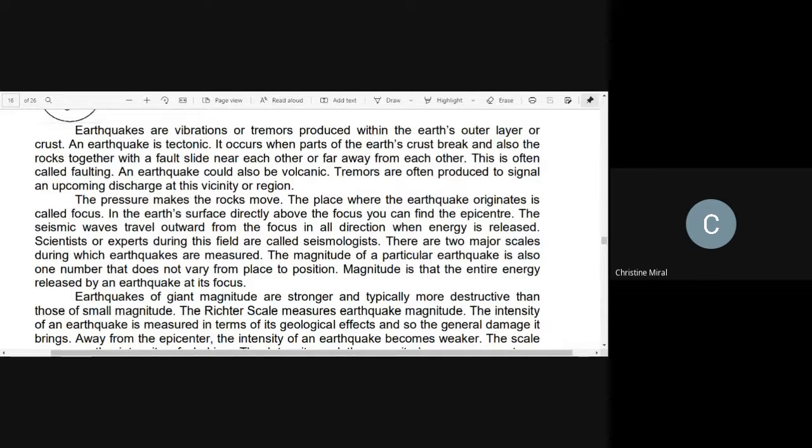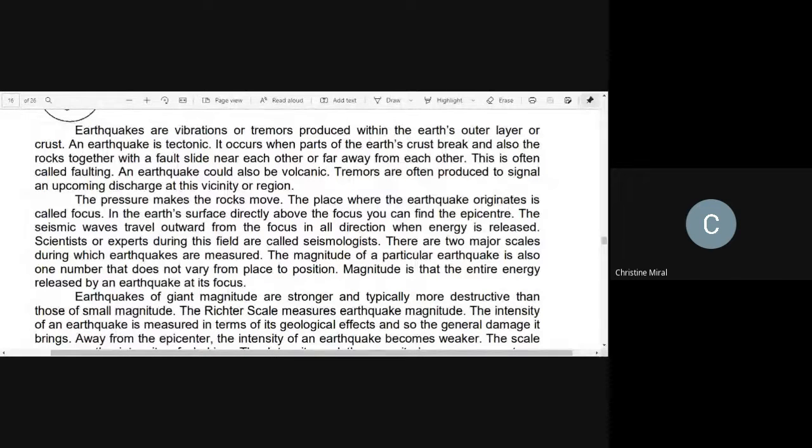The pressure makes the rock move. The place where the earthquake originates is called focus. In the Earth's surface, directly above the focus, you can find the epicenter. The seismic waves travel outward from the focus in all directions when energy is released.